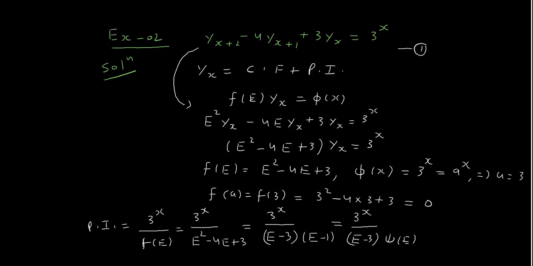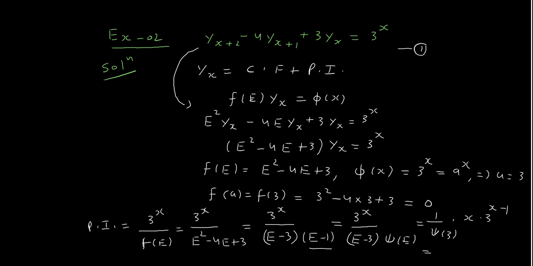So in this case, the solution becomes 1 upon φ(3) into x into 3 to the power x minus 1.